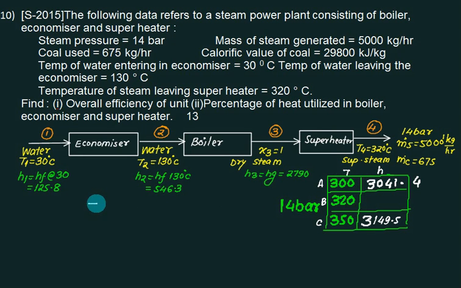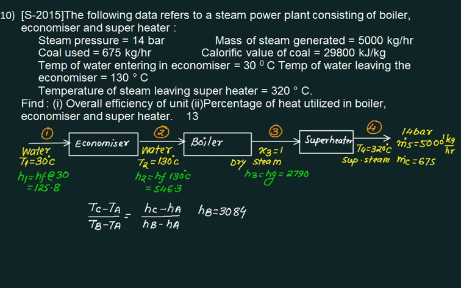Your formula is Tc minus Ta upon Tb minus Ta, same as Hc minus Ha upon Hb minus Ha. This value H4 is 3084. Avoid the formula, use the method of interpolation.